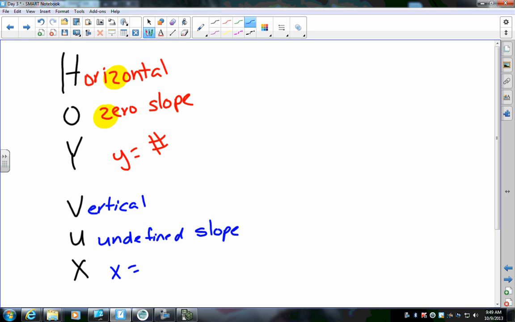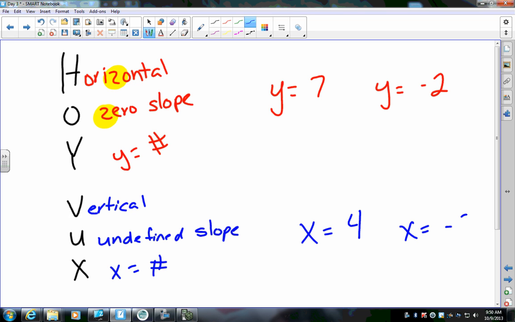And the equation is x equals some number. Okay? So, for example, the horizontals would be like y equals 7, y equals -2. My vertical lines would be x equals 4, x equals -3. But those are what those are for on your vertical and horizontal lines.